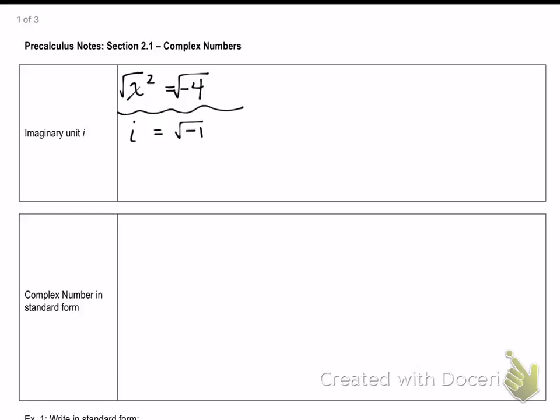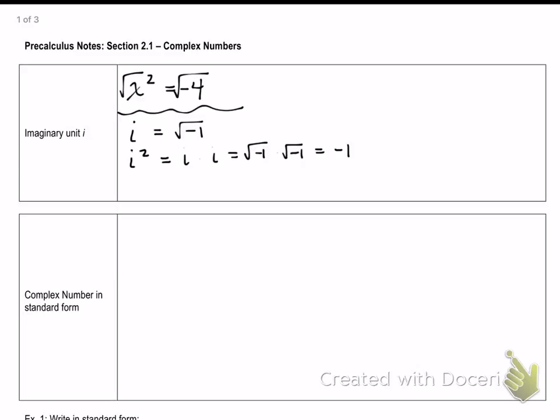Okay, so let's talk about some other operations of i. So let's talk about i squared. So if we have i squared, then essentially I have i times i, and if our i is the square root of -1 times the square root of -1, then our square roots are going to cancel and we'll just get -1.